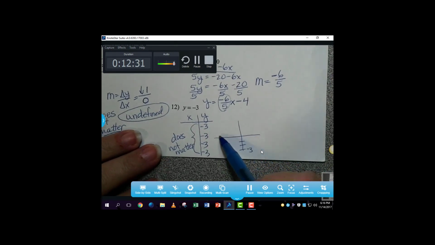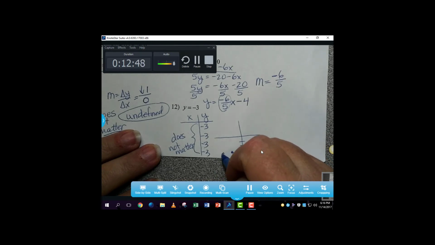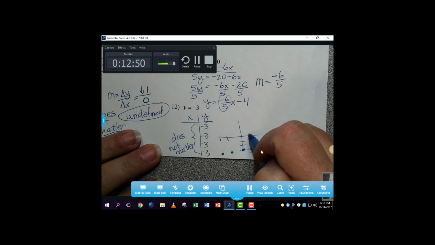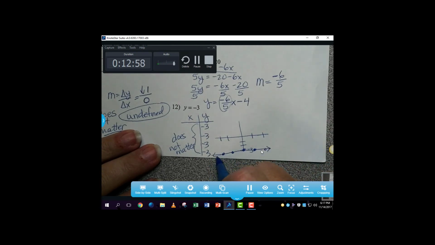So over here, what numbers could I have? I could have (0, negative 3), (1, negative 3), (2, negative 3), (negative 1, negative 3), (negative 2, negative 3). Right? So this is (1, negative 3), because this is the 1 right there. That's going to give me a horizontal line.